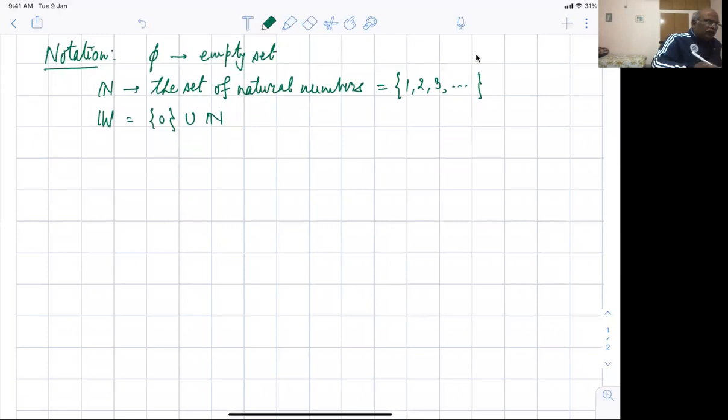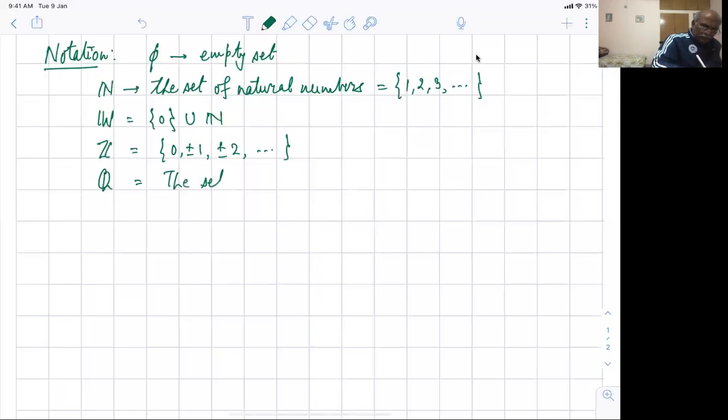Fine. Then we have this notion of whole number. I've already said set of integers. So the set of integers is 0, plus minus 1, plus minus 2, and so on. We already know what it is. Q, the set of rational numbers.